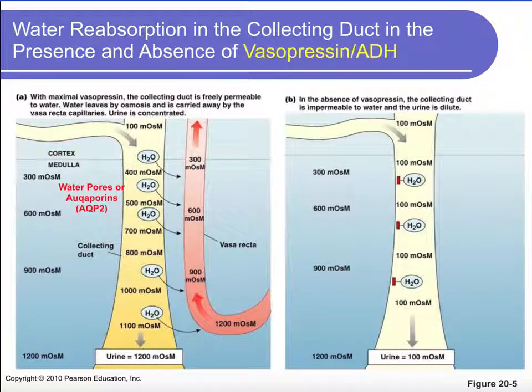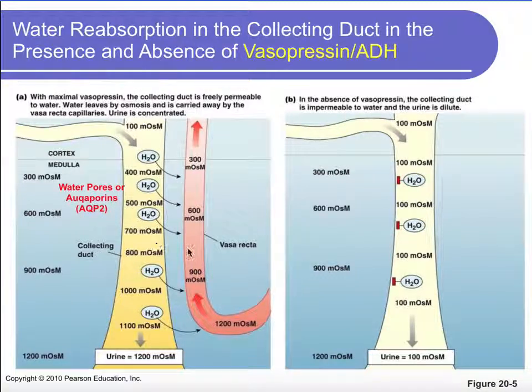So when vasopressin is released, what it does is it causes water pores, or aquaporins, or we can call them AQP2, to be inserted into the membrane of your collecting duct. And these are water pores, so obviously the name tells you what it does. It allows water to go through those pores. And by having these water pores, now we have a way for water to get reabsorbed.